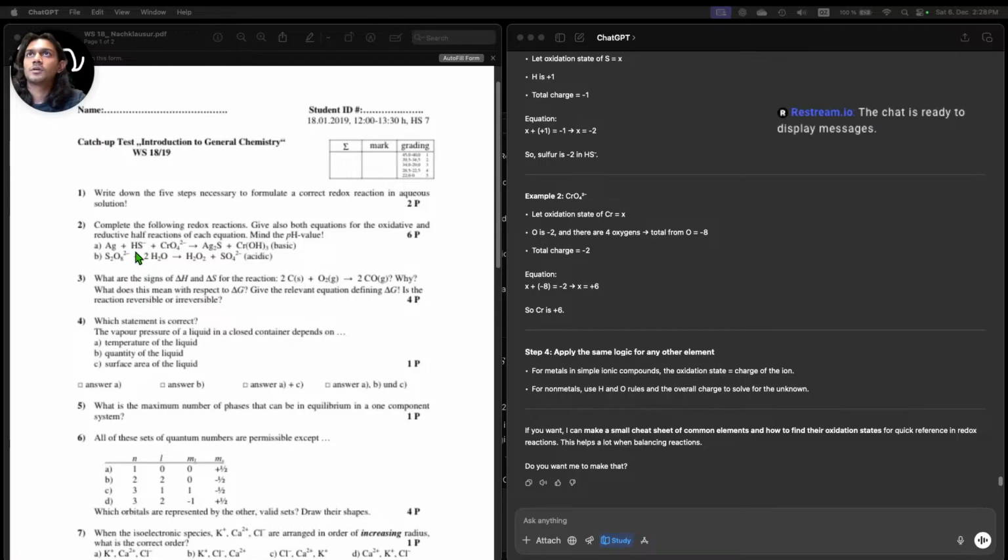So from this, we could figure out sulfur is -2, then Ag2 2x.